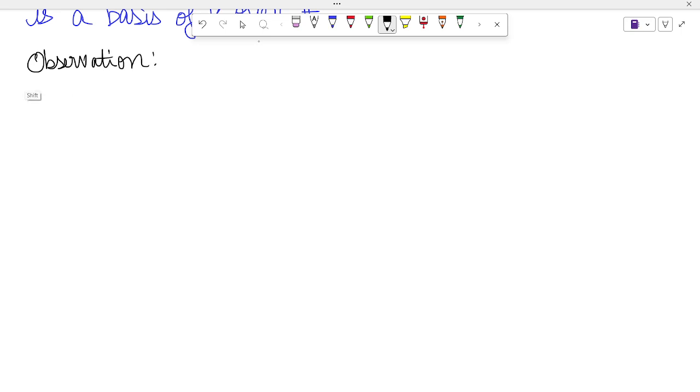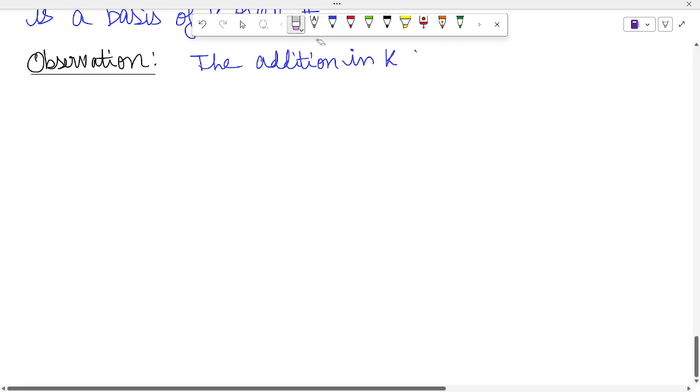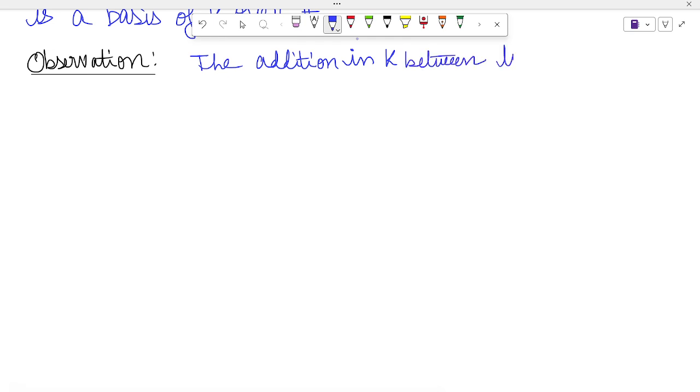I will give an example, don't worry. The addition in A is natural. Addition between two polynomials of degree less than n is natural.